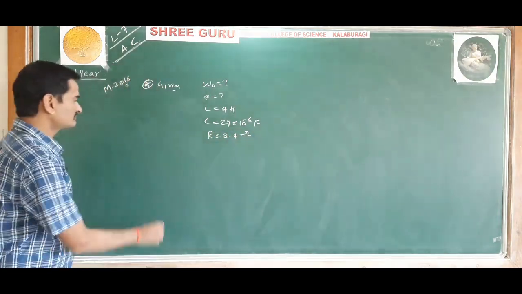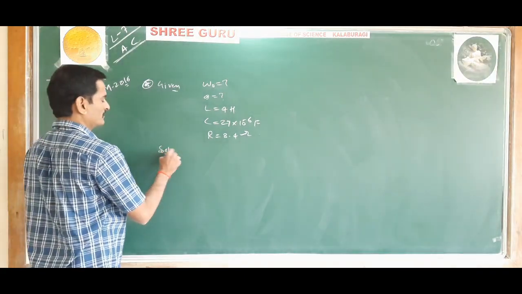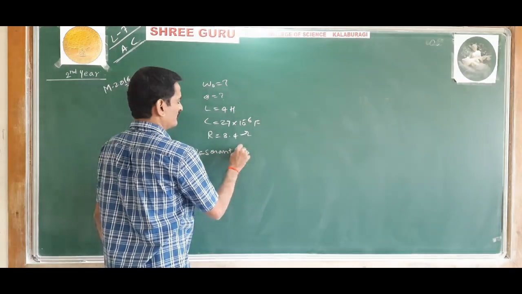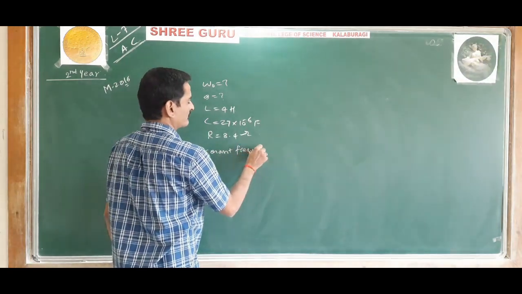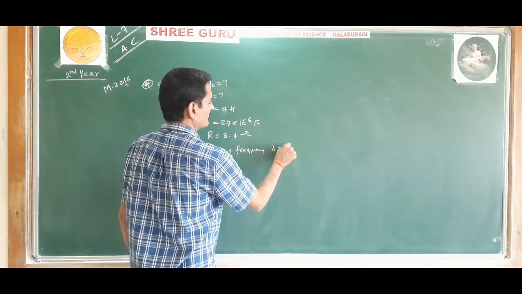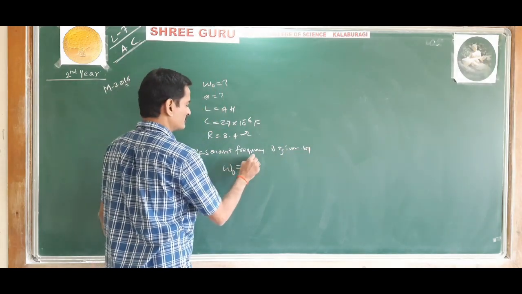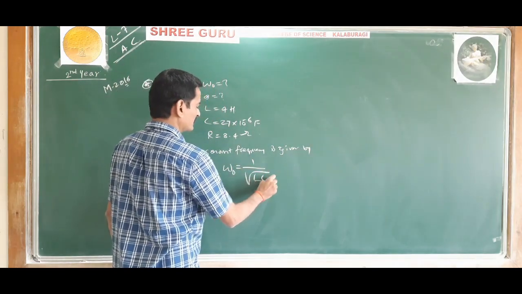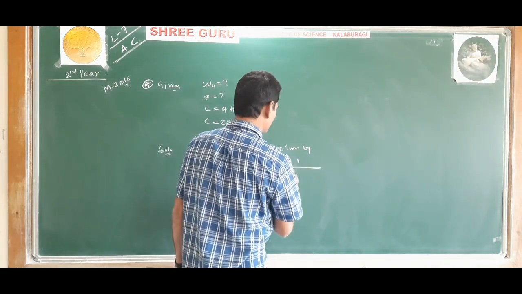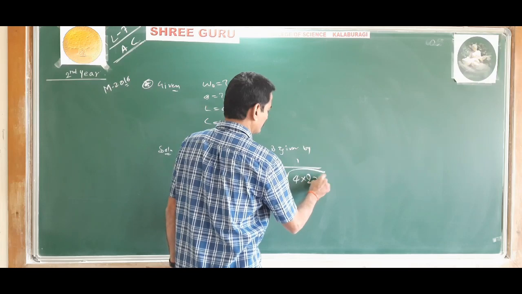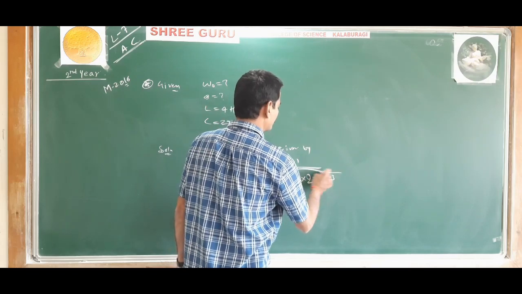Okay. So solution. So first resonant frequency is given by omega naught is equal to 1 by root LC, that is 1 divided by root L. L is 4, C is 27 into 10 to the power minus 3.